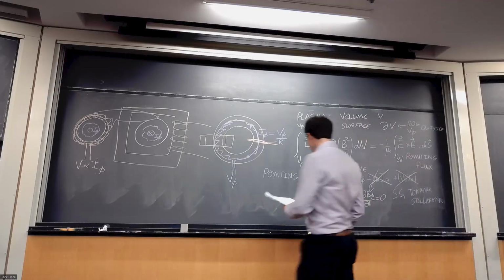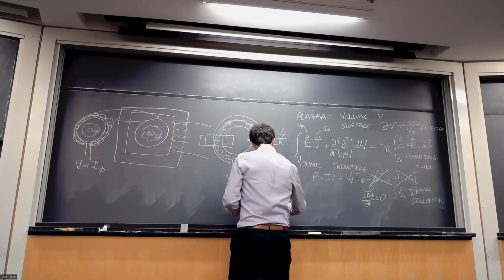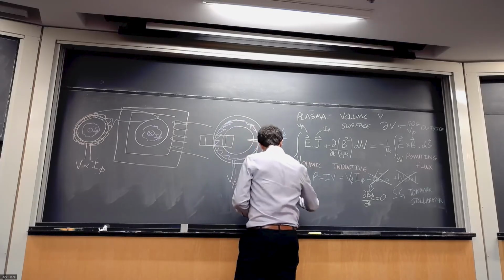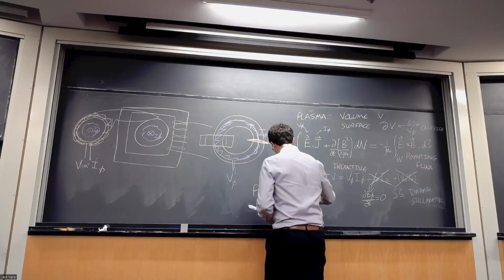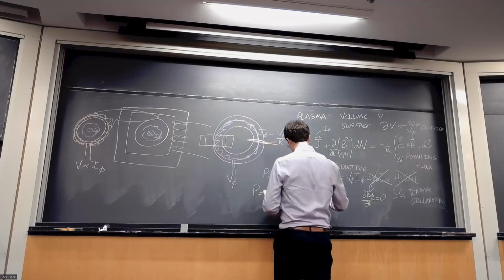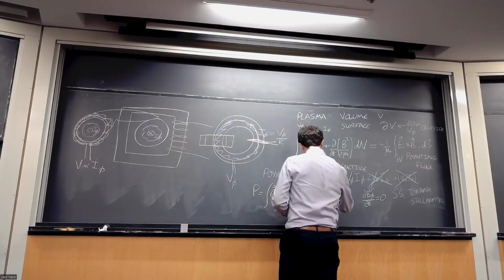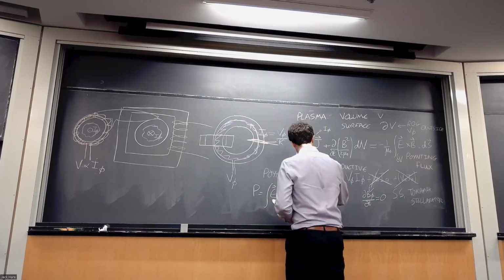Okay. So then we can write the power is going to be equal to still E dot J, which is the ohmic power still. And then we're going to set that equal to V phi I phi. So this is the Poynting flux.